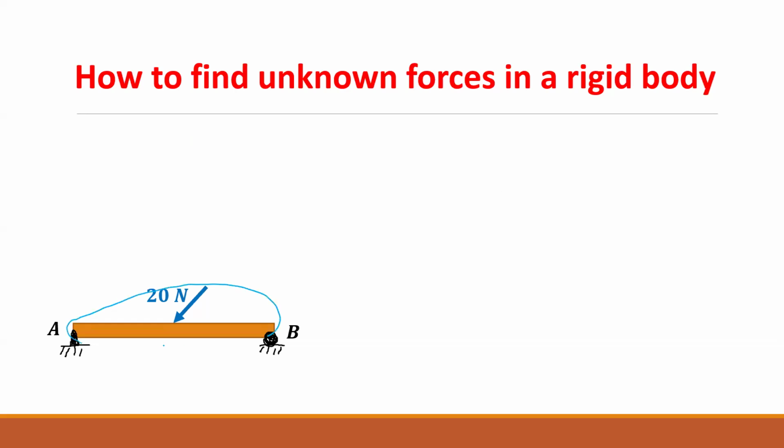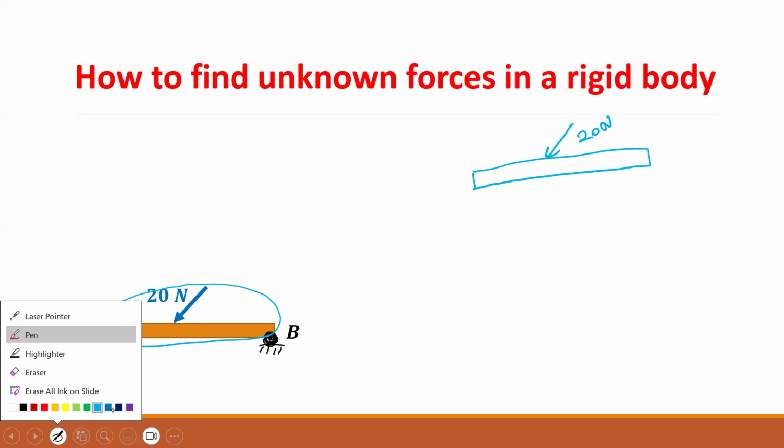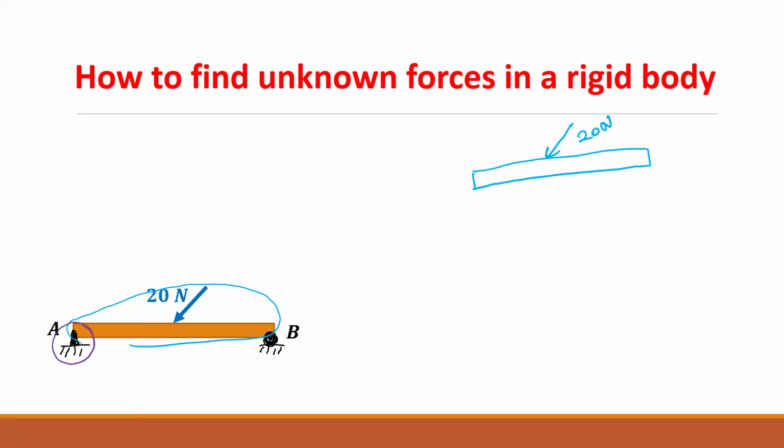So this is the beam. Now you need to consider all the forces acting on the beam. So we have this 20 Newton force and also there are two supports here. These two supports are giving some forces, so you need to put those as well. So this we call the free body diagram.